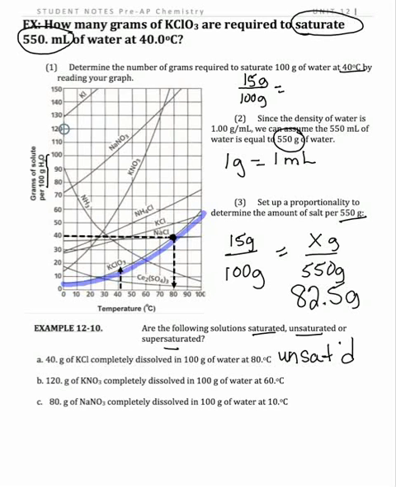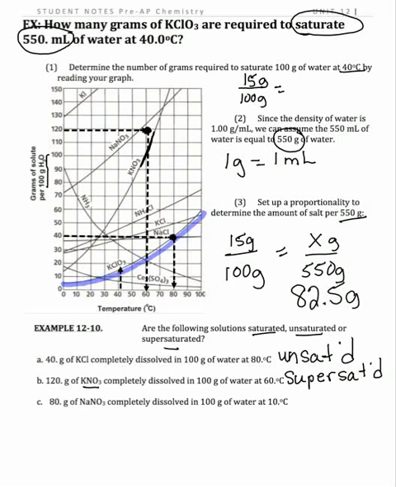I'm going to go up to 120 grams, and over to 60 degrees. Just make sure I'm at 60 degrees. We're talking about this point right here on the curve, and it's asking us about KNO3. That point is above the KNO3 line, so we would say that is supersaturated. Above the line is supersaturated.